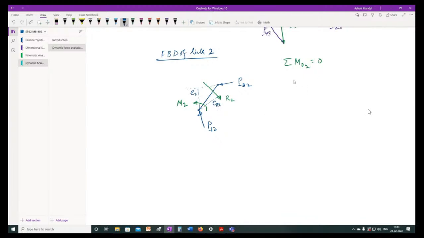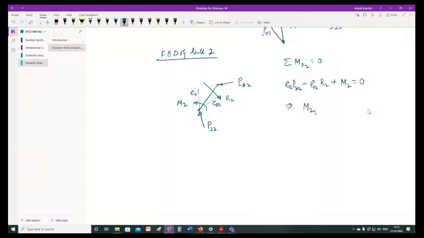So we can say here that P32 into E2 minus ER2 into R2 plus M2 is equal to 0.